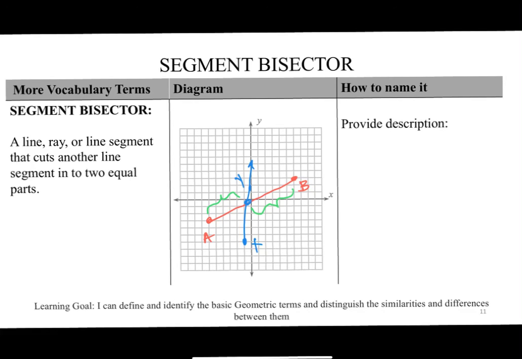And for this example, I used a ray bisecting segment AB. However, you can also have segments bisecting segments, or you can have a line bisecting a segment. And if we want to think about how to name this, we simply have to provide a description. So here we have ray XY bisecting segment AB.